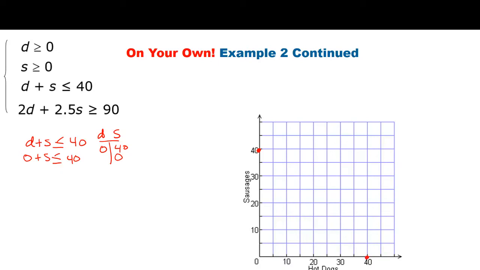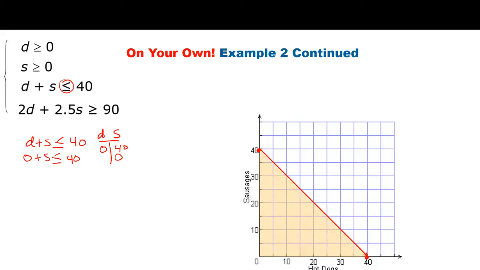This is inclusive, so we're going to have a solid line. It says this has to be less than, so we're going to shade everything down below.